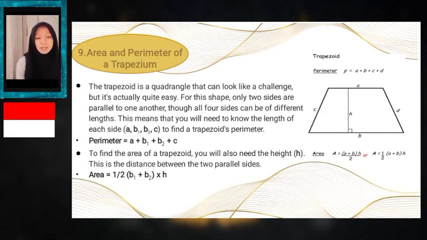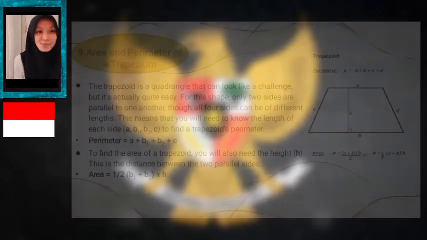This means that you will need to know the length of each side, A, B1, B2, C. To find the area of a trapezoid, you will also need the height. This is the distance between the two parallel sides. Area is 1 divided by 2 times B1 added to B2, multiplied by height.